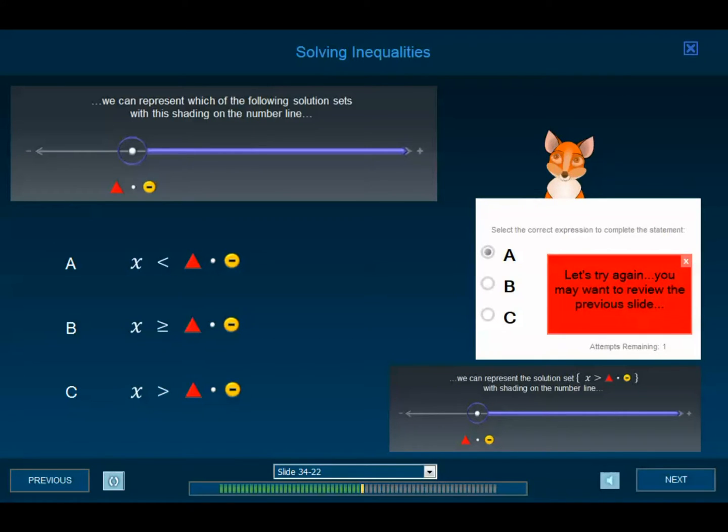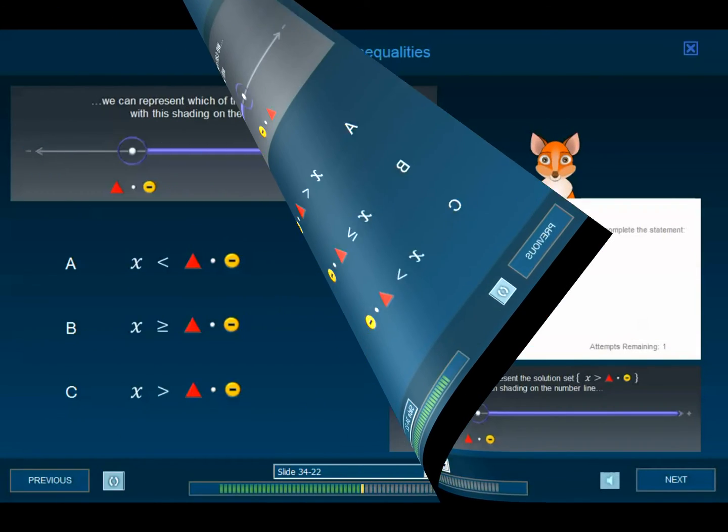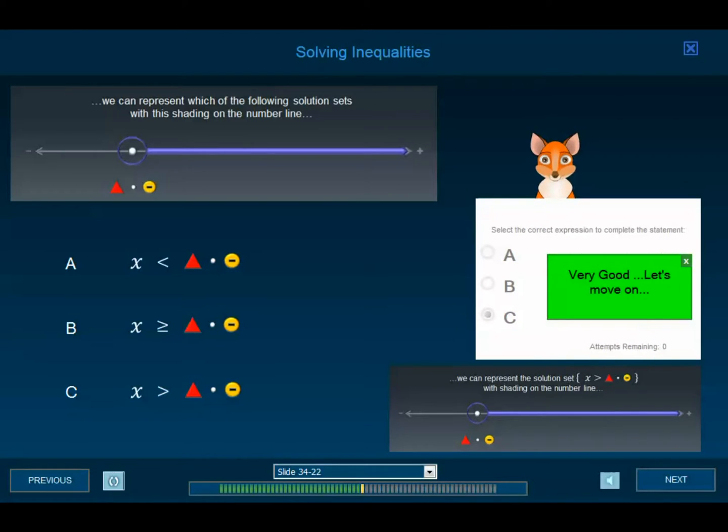Remember, shading to the right means greater than, and the open circle means not included or not equal to. Very nice. We can represent answer choice C with this shading on the number line.